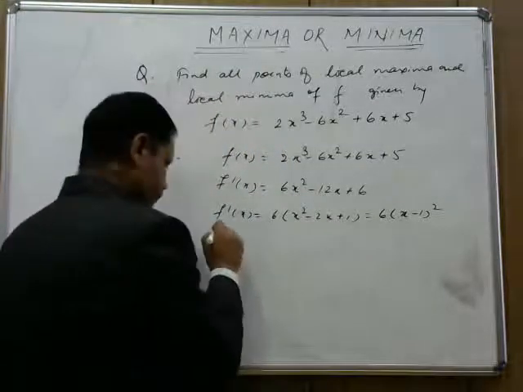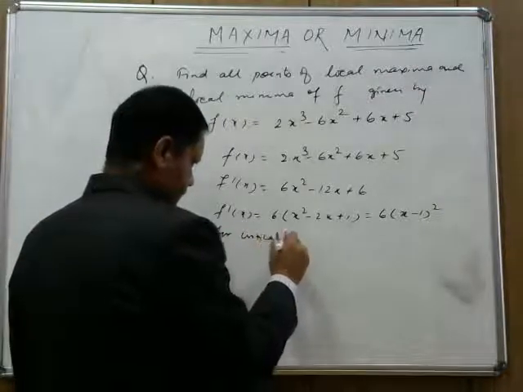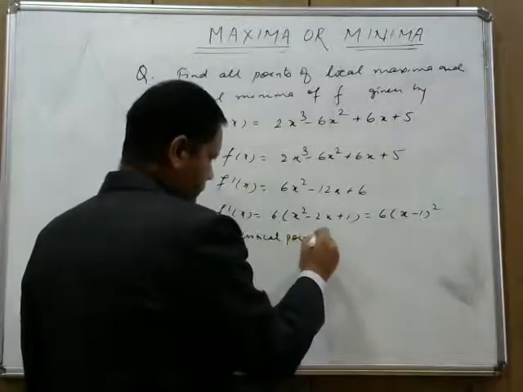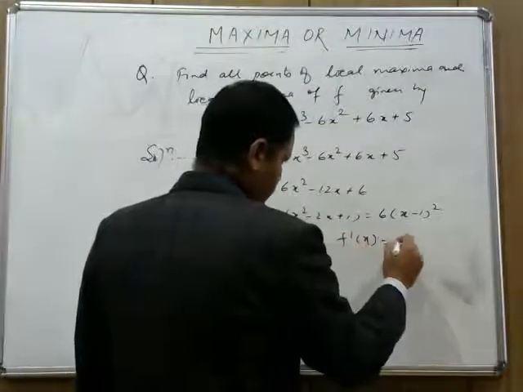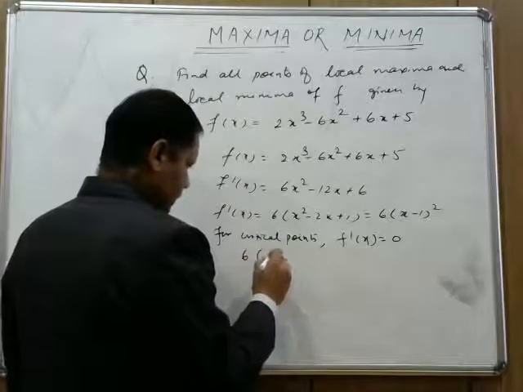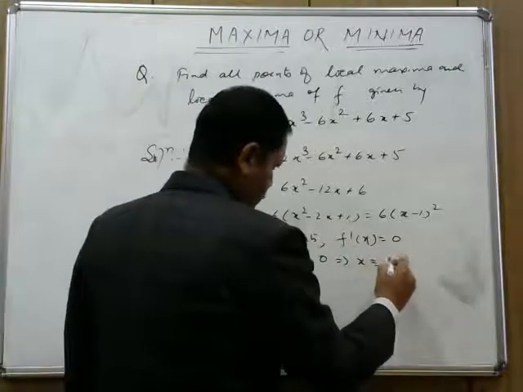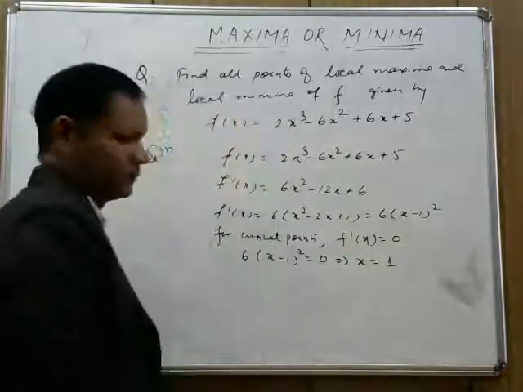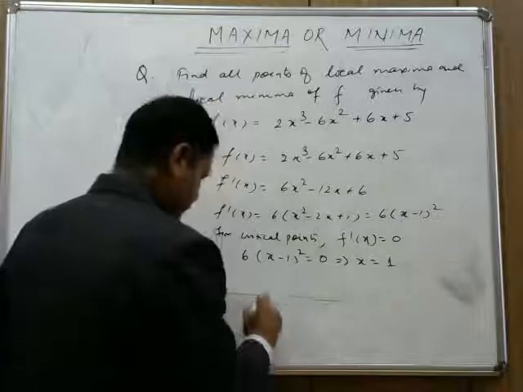Now for critical points, f dash of x is equal to 0. Therefore 6 times x minus 1 whole square is 0. It implies that x is equal to 1. Now allocate it on the number line.